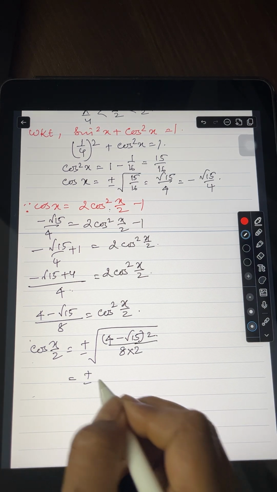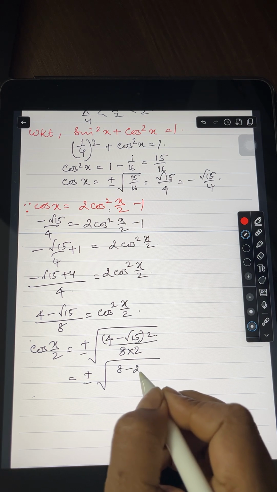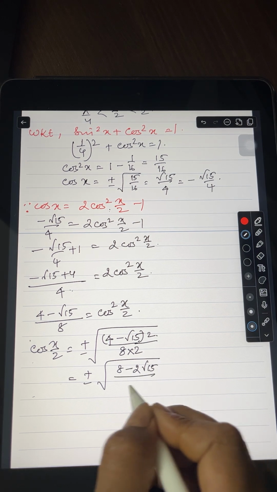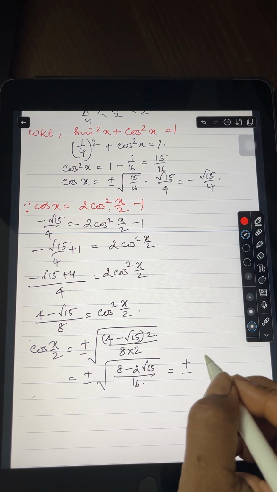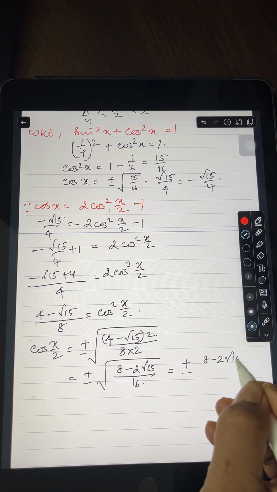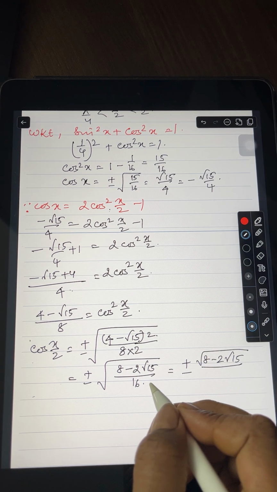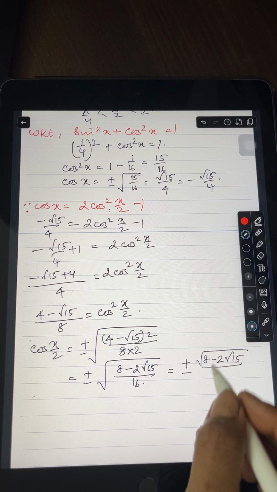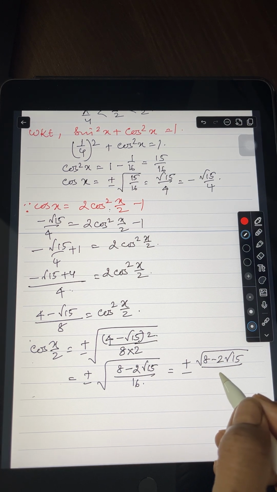So plus or minus, 8 minus 2 root 15 by 16 it will become. Now this becomes plus or minus root of 8 minus 2 root 15 by 16. You can't do anything with the numerator because there is a minus sign here. And the perfect square root of 16 is 4.